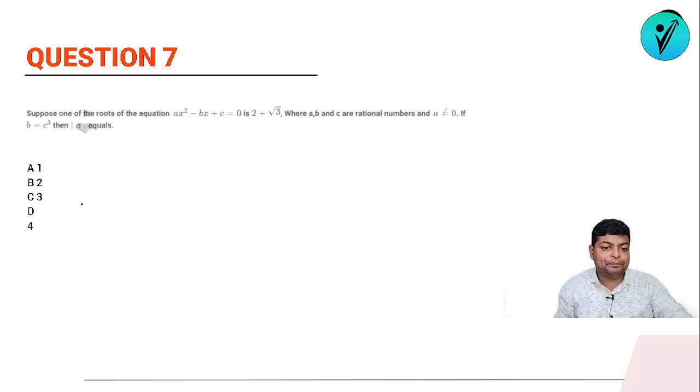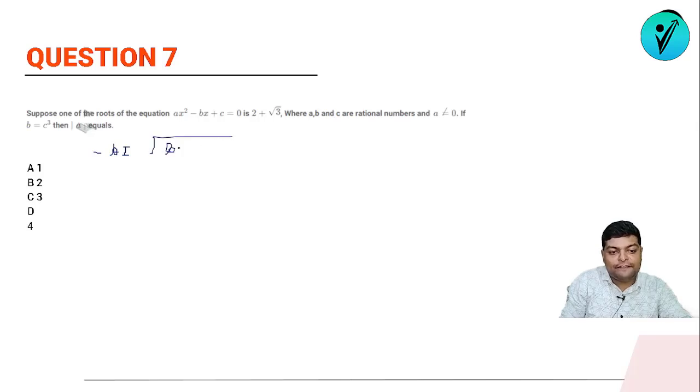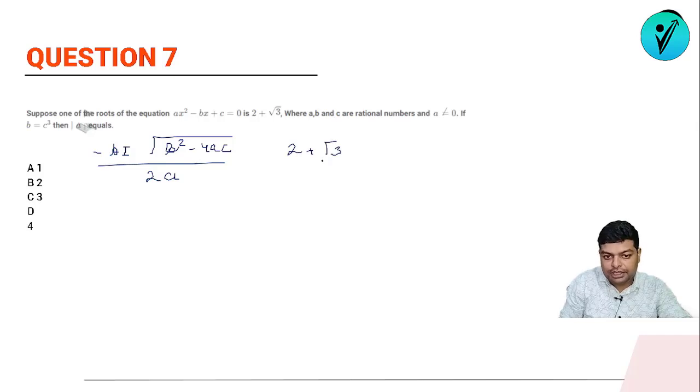We have to get what will be the value of mod of a, right? How to get it again? See, if you again recall the quadratic formula. So what is this quadratic formula? It's minus b plus minus under root of b square minus 4ac upon 2a. Now see, if one of the roots I am getting is 2 plus root 3, it means that here it is 2 and here it is root 3.